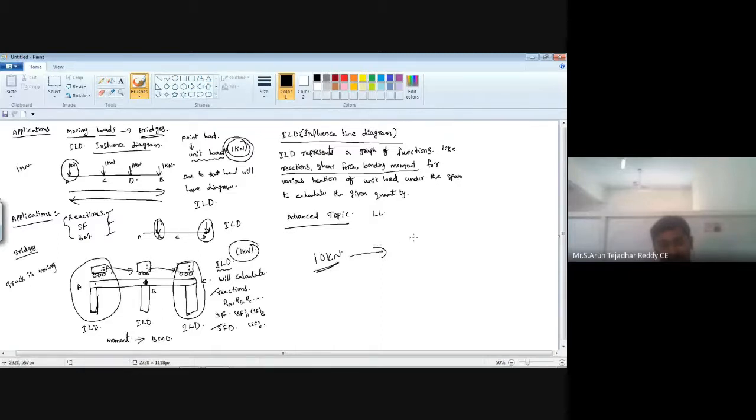Based on the speed, one vehicle is moving on the bridge. Suppose at point A, it is having 10 kilonewton. If the speed increases, then what about the load here?